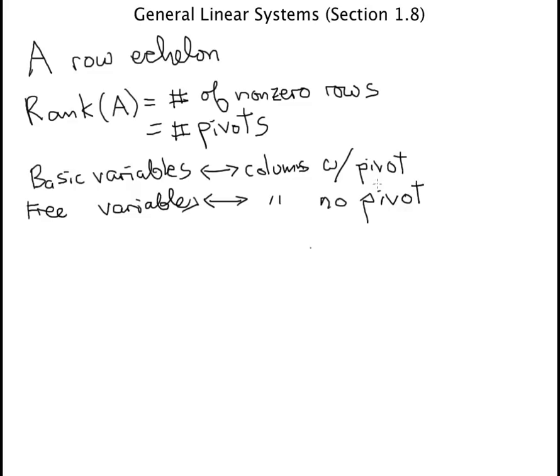And if you think about it for a minute, it's clear from what we just said that the rank, what's the rank again? The rank is the number of pivots, and there's one basic variable for each column with a pivot. So the rank is just another word for the number of basic variables.